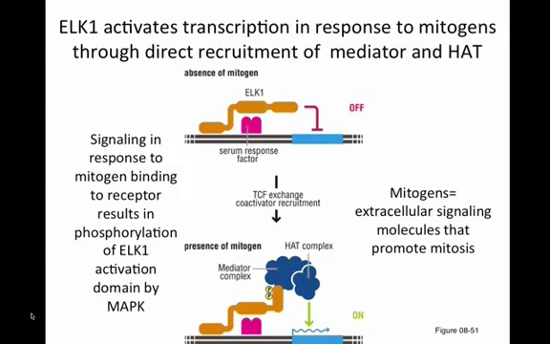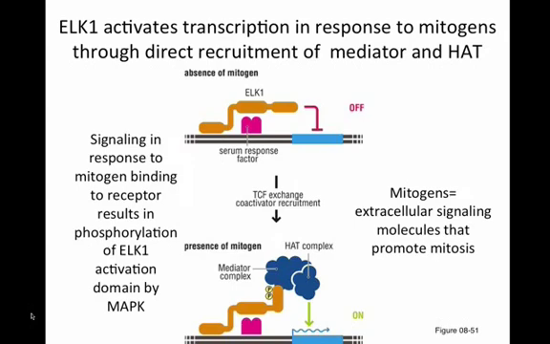And if you have signaling, so a mitogen binds to a receptor and signal transduction happens, then you'll get activation of a MAPK, which will then phosphorylate the activation domain of ELK1, which allows it to then recruit and interact with mediator and HAT complex.